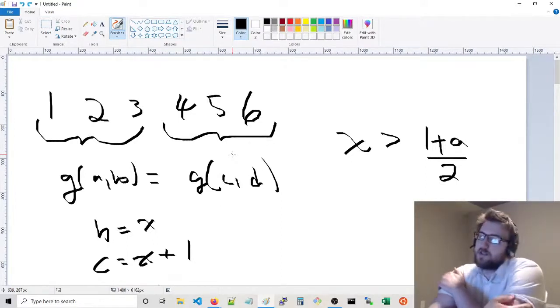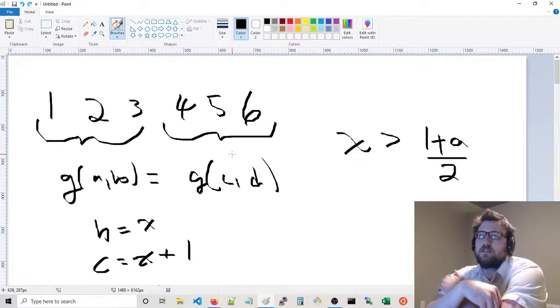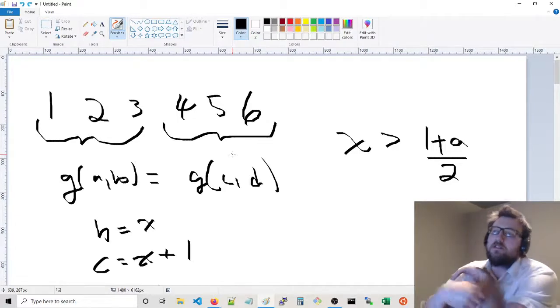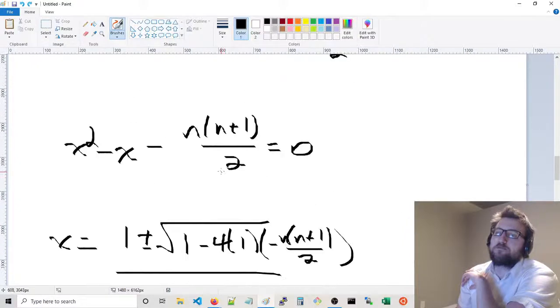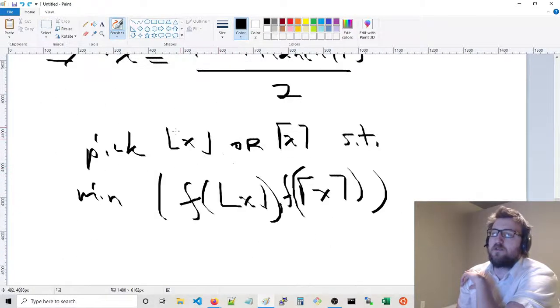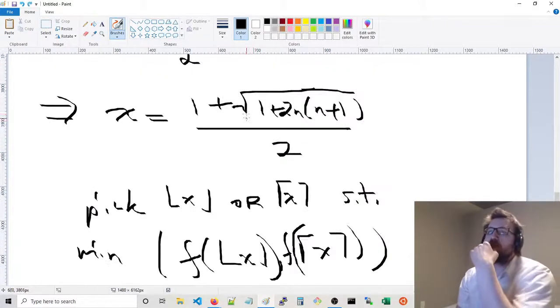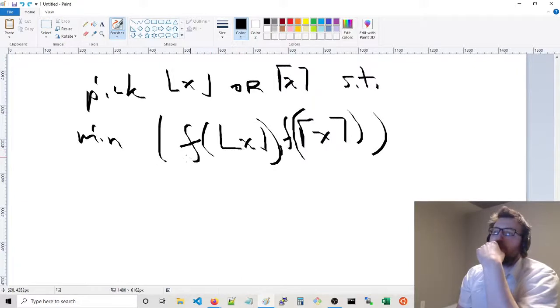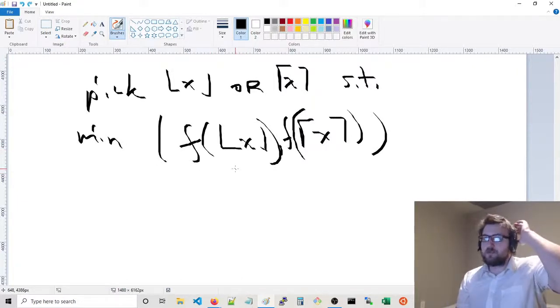I guess the worst case is if the number is really high. No, that's not obvious either, because it's not clear. It seems kind of random which of these, the floor or the ceiling of this function, actually gives you the smaller difference.